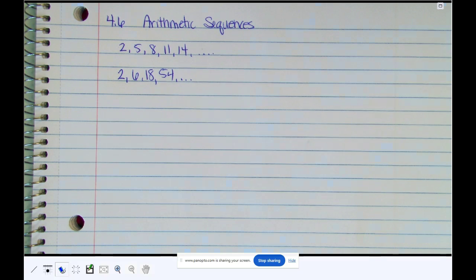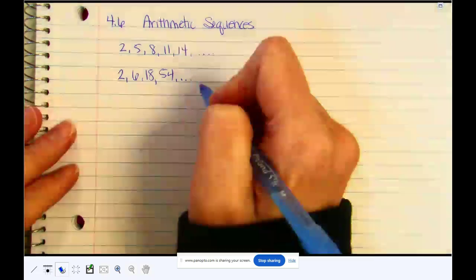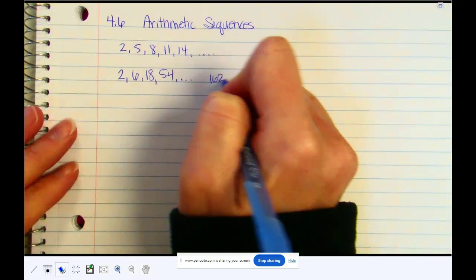Renee? Is that what you were going to say? Charlie, what is it? 162. How did you figure that out? Times 3. Yeah, you can see that it's multiplying by 3. The early stages of that pattern, you could see 2 times 3 is 6, and 6 times 3 is 18. And then go, I wonder if 18 times 3 is 54. It is, and so then multiply times 3 again, you get 162.